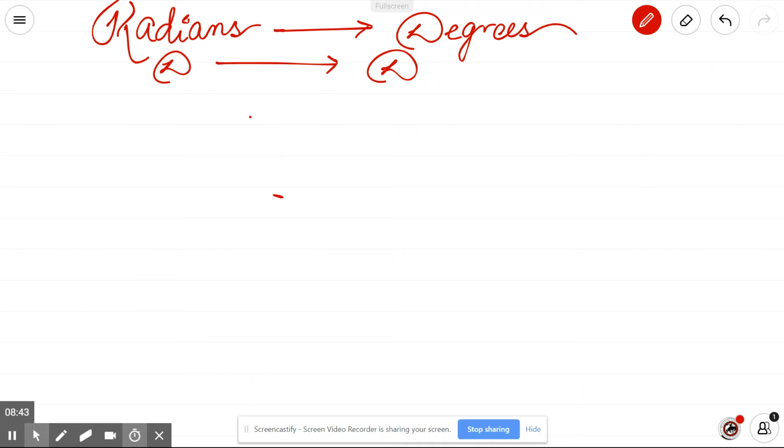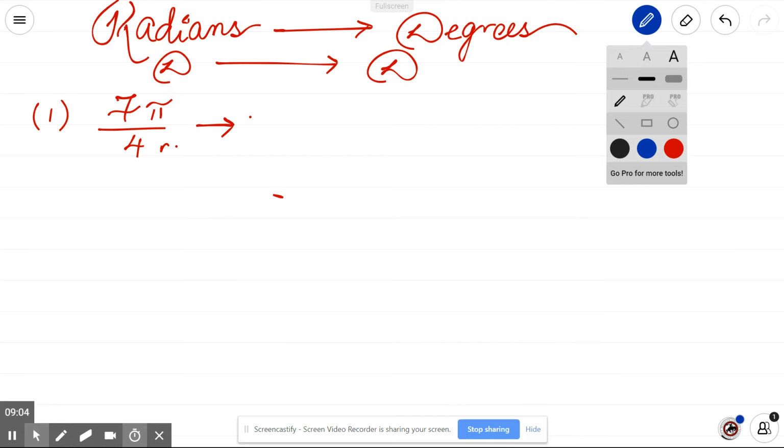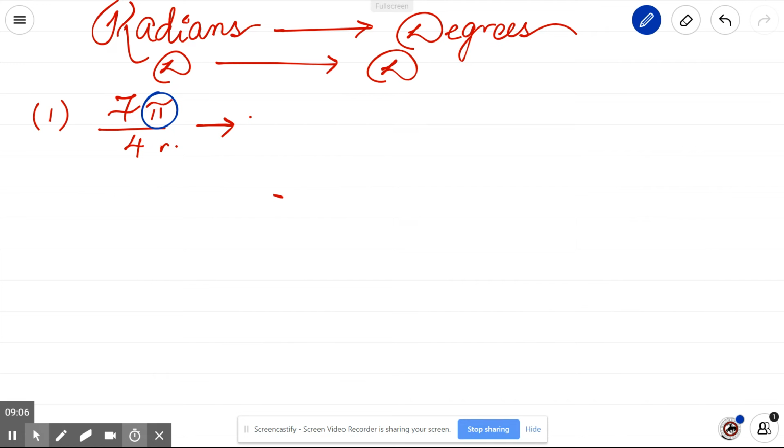For example, the question that we are converting is going to be 7 pi by 4. So students, an easy way to convert is, it's already in radians, you can see, and they want us to convert it to degrees. So instead of pi, the easiest method is what we just looked at on the last page. The pi value is what? 180 degrees, correct?